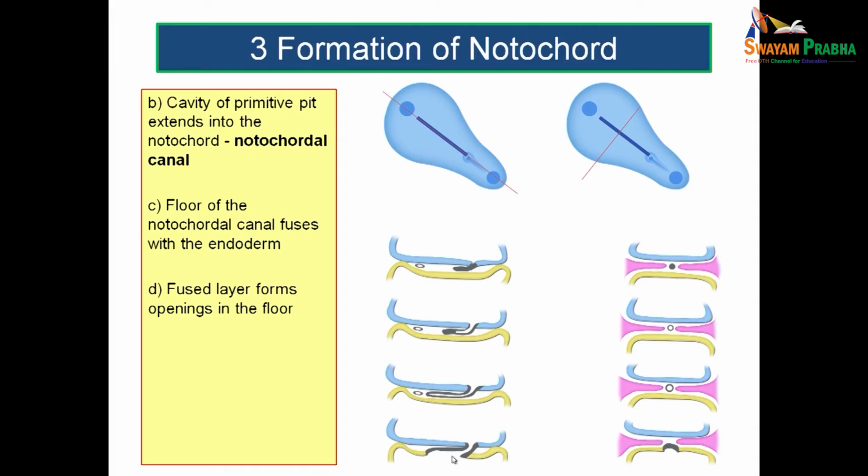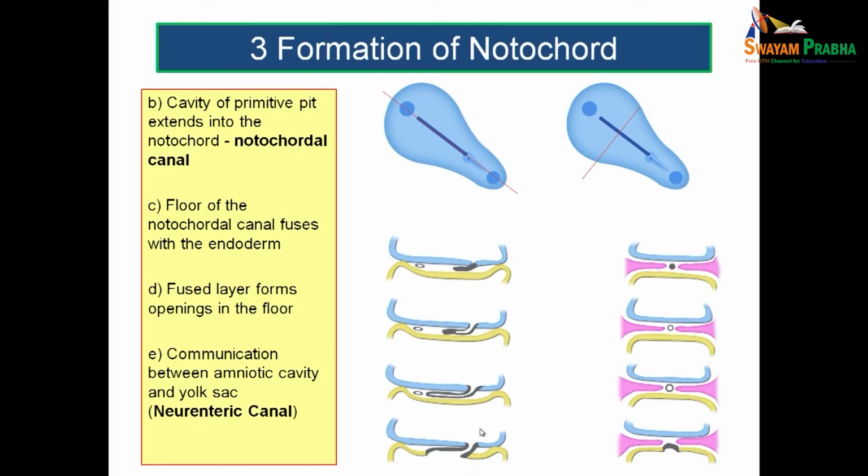So what happened as a result of this fusion? You can see a communication developed between the amniotic cavity above and the yolk sac below. Okay, so the communication is established between the amniotic cavity above and the yolk sac below.